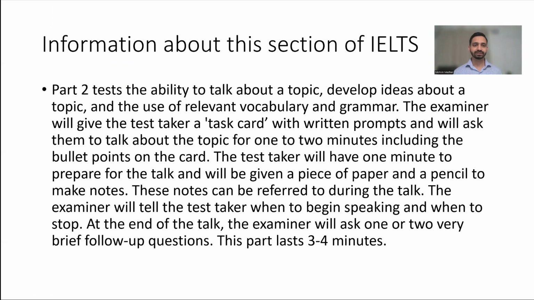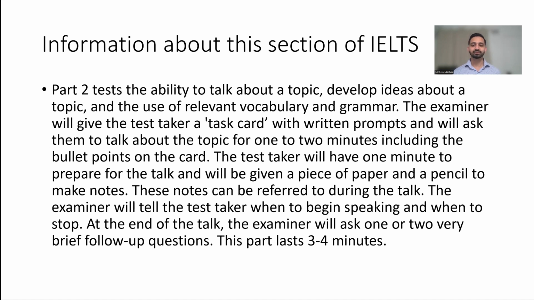All right, let's look at this. In part two of the test, it's testing your ability to talk about a topic and develop ideas about the topic, and the use of relevant vocabulary and grammar. The examiner will give the test taker a task card with written prompts and will ask them to talk about the topic for 1 to 2 minutes, including the bullet points on the card.